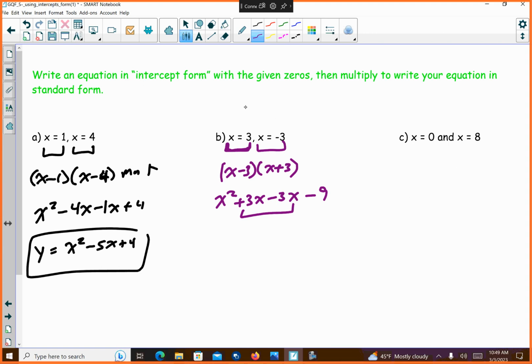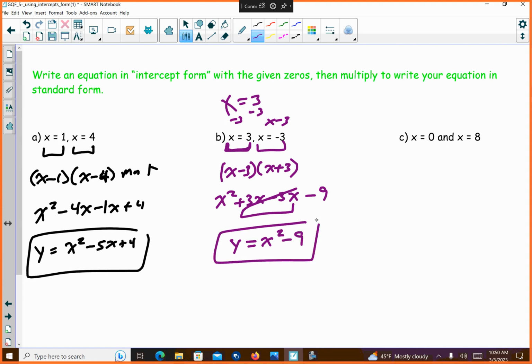Because what I'm doing is I'm just moving the number back onto the side with the x. These cancel, so this is y equals x squared minus 9. Yep.